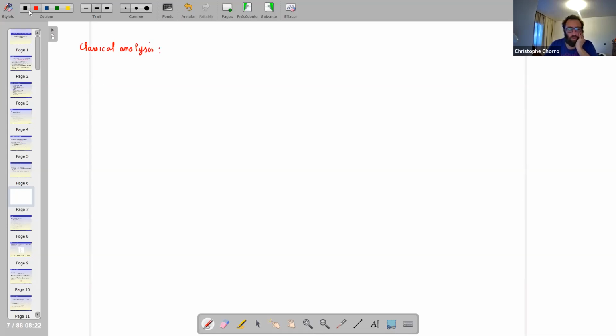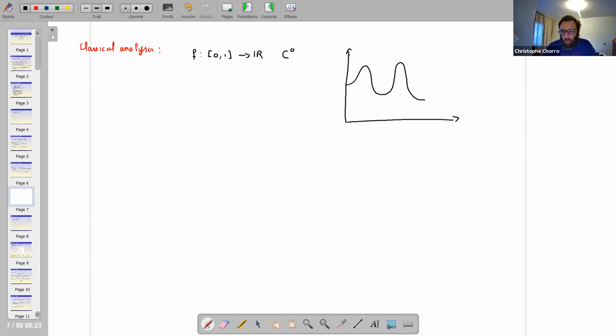So we are going to be in the following very basic situation. I consider a mapping f from 0,1 into R, and I suppose it to be continuous. C0 means continuous. So I can do a picture here. I suppose that I will take it positive, and that my mapping looks something like this.